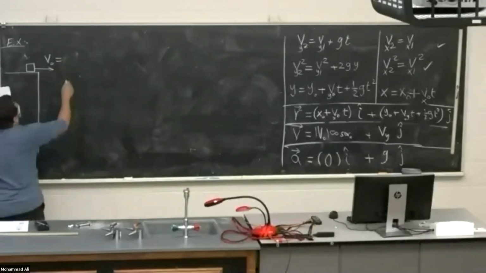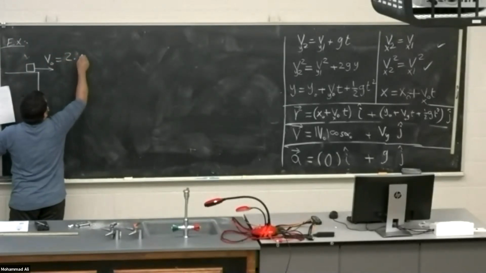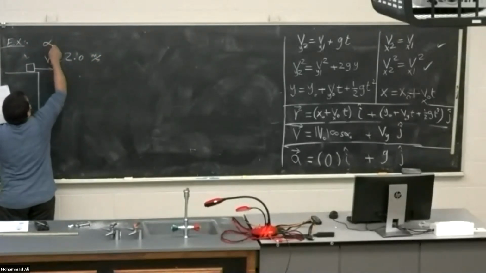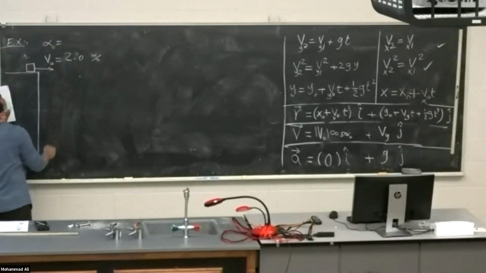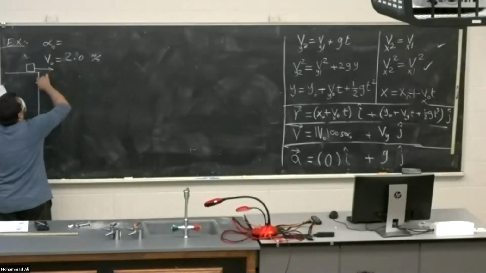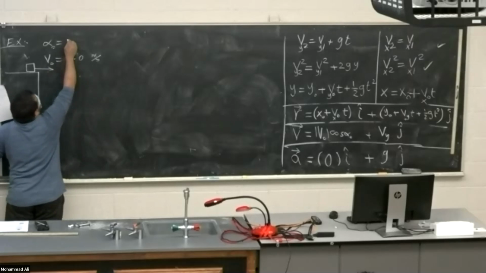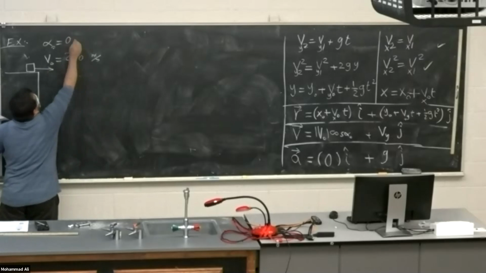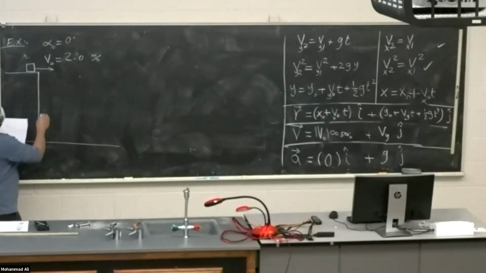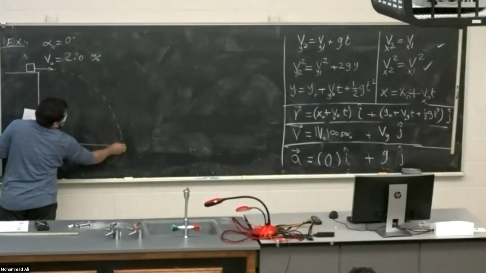It is given that V naught is equal to 2 meters per second, right? What about alpha naught in this case? Who can tell me? Horizontally, my velocity starts horizontally. With respect to x direction, alpha naught is equal to 0 degrees. And we have the motion of this object like this.